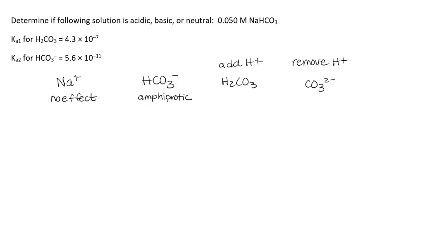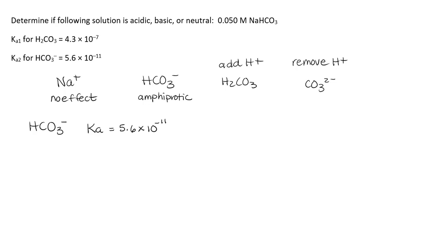So I have to take that chemical formula for the anion and determine a Ka for it acting as a conjugate acid and a Kb for it acting as a conjugate base. So the first thing I do is start with the original formula. So I have the formula for bicarbonate. I'm going to look up the Ka for that formula, and it's already listed here. The Ka equals 5.6 times 10 to the negative 11.